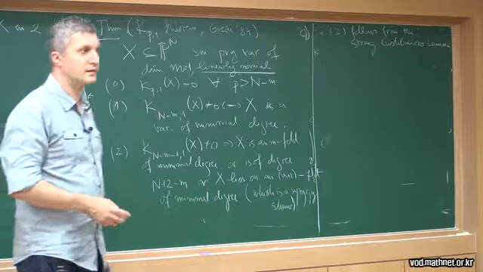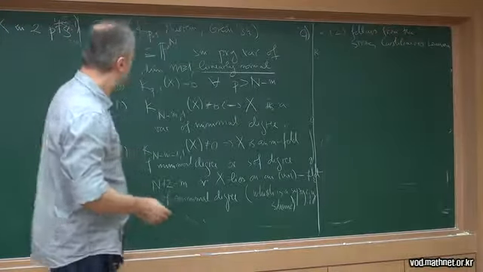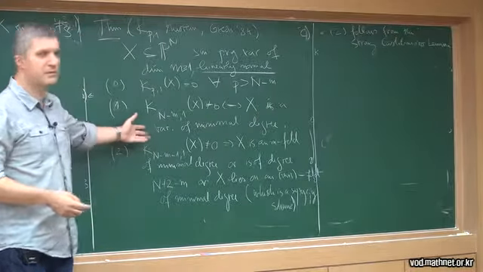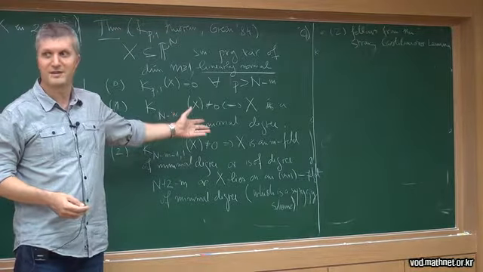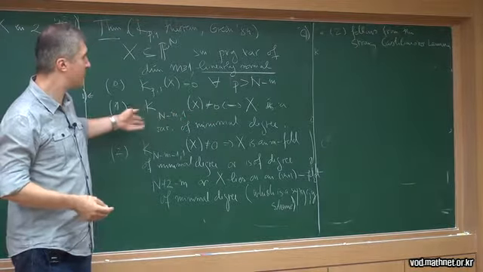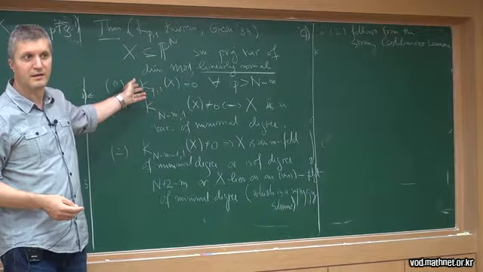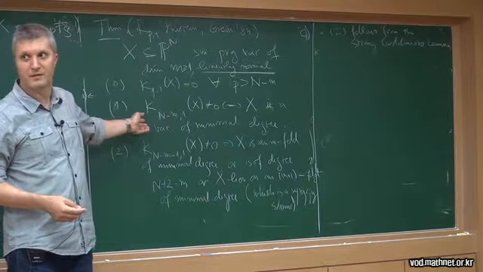But I think also for 1, once you speak of a variety of minimal degree, it is linearly normal already. So it's also needed for 1. Only for 0 is it not needed. But somehow it's implicit also in 1.